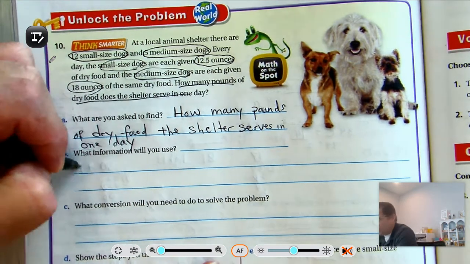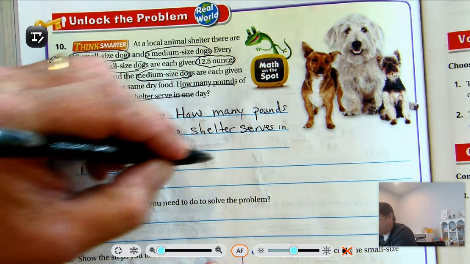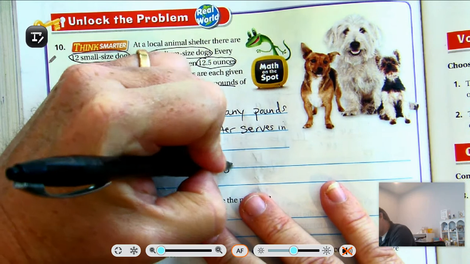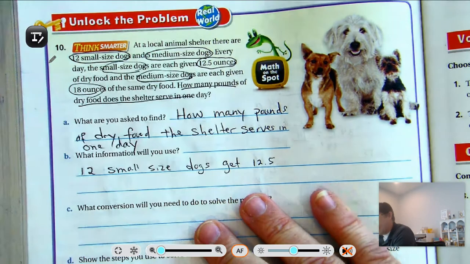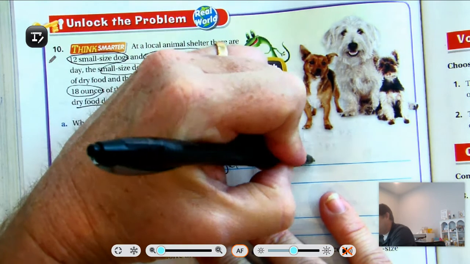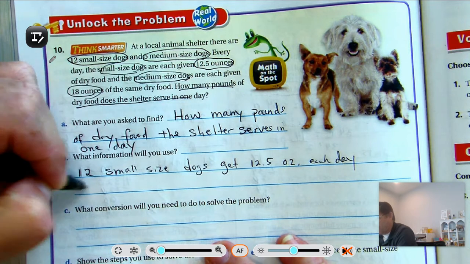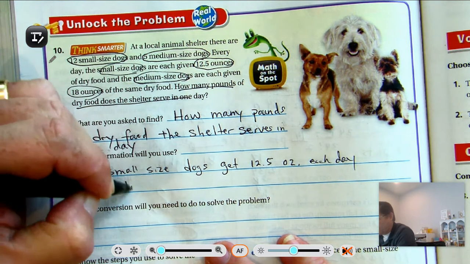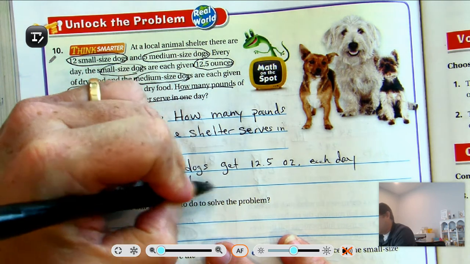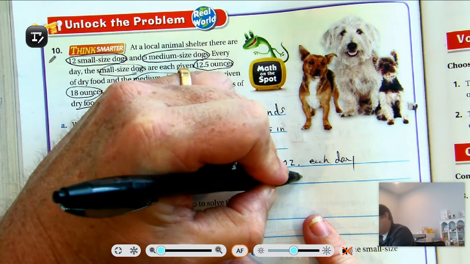I need to know that there's 12 small-sized dogs, and they get 12 and a half ounces each day, and that there's 5 medium-sized dogs, and they get 18 ounces per day.